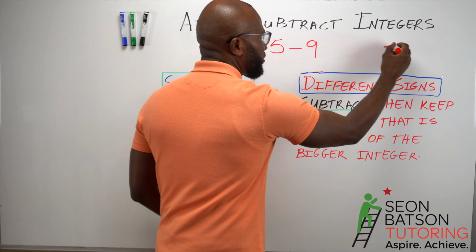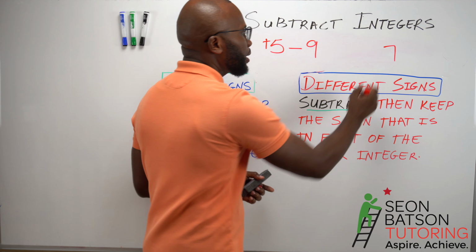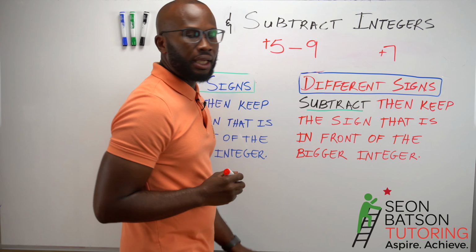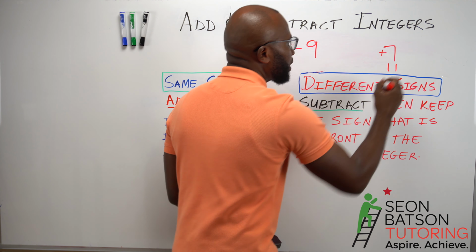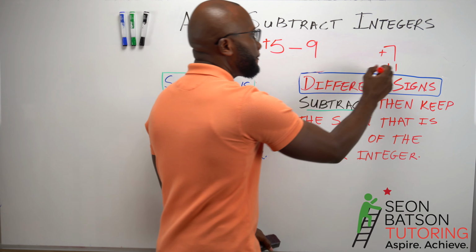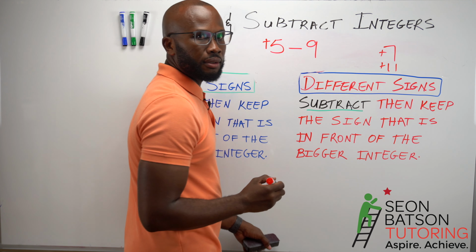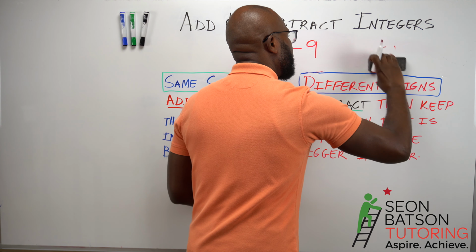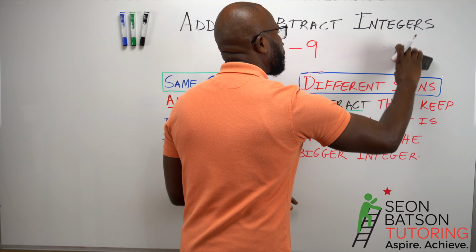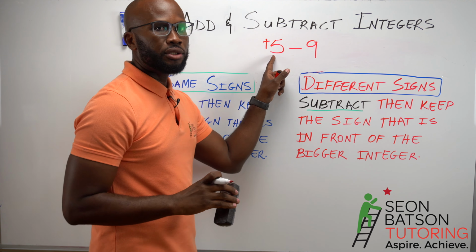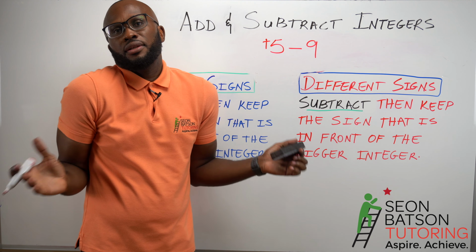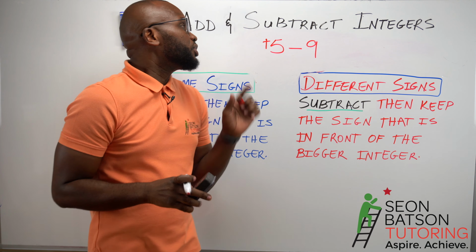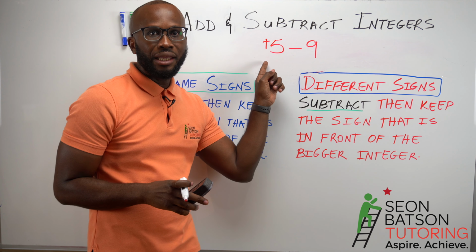So if you see 7 by itself, you know that this is a positive 7. If you see 11 by itself, automatically know that it is positive 11. Right? All right, so always remember that rule. Whenever the integer is just there by itself with no sign in front of it, know that there is a positive sign hiding in the shadows.